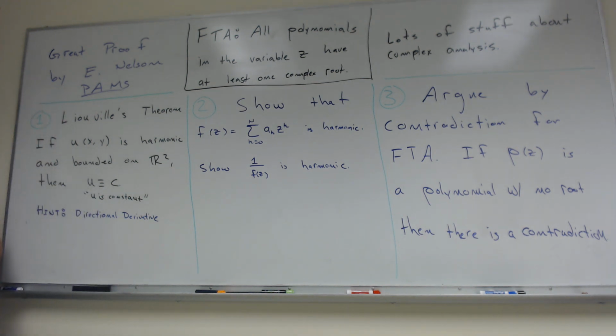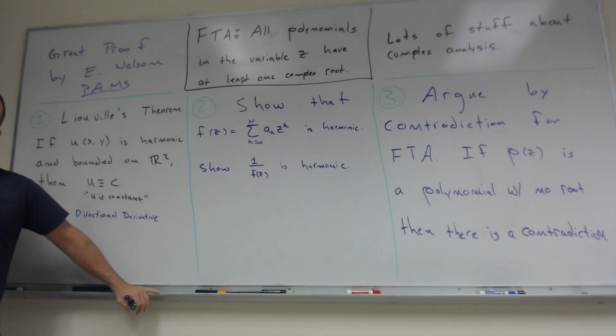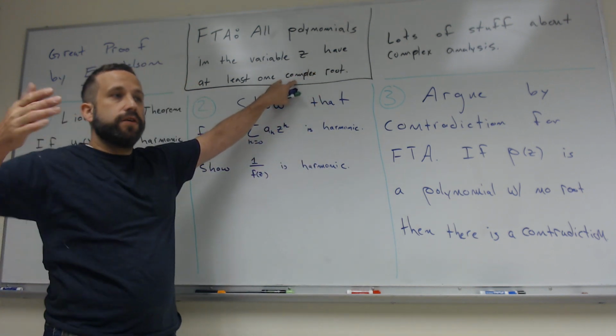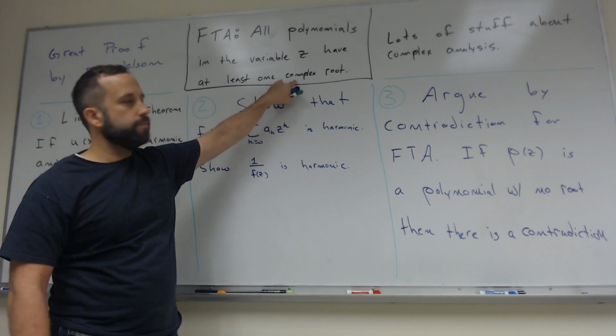The other thing I want to point out, as an advanced idea, is that we're saying all polynomials in the variable z have at least one complex root. Well, to what extent can this be generalized? I don't think too much about things like this, but generalizing a theorem like this will either get you something wrong, in other words not an actual theorem, or something trivial.